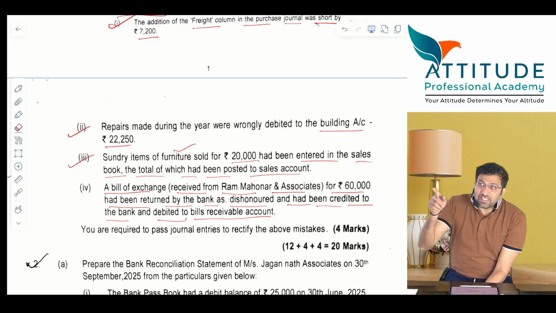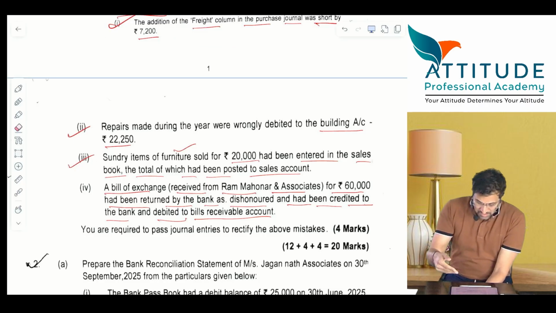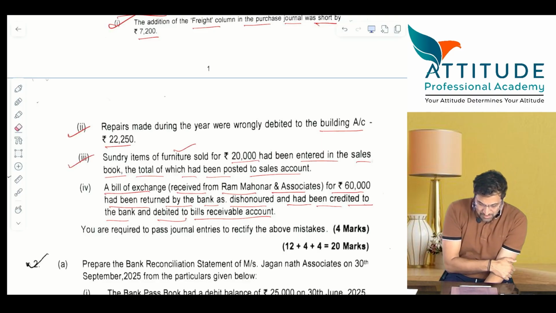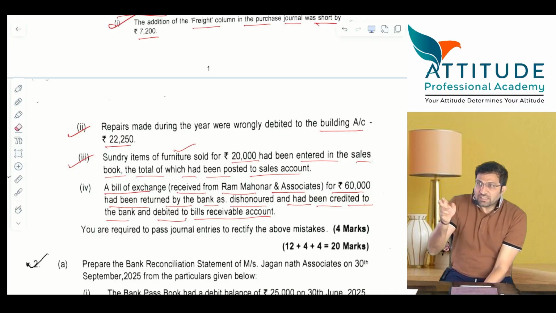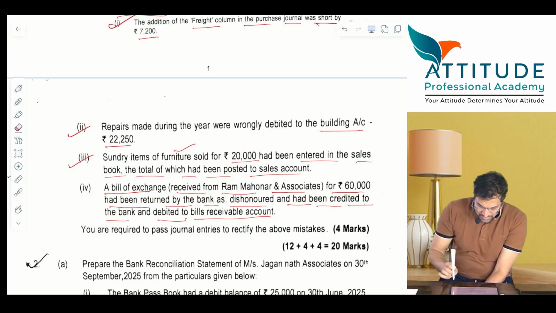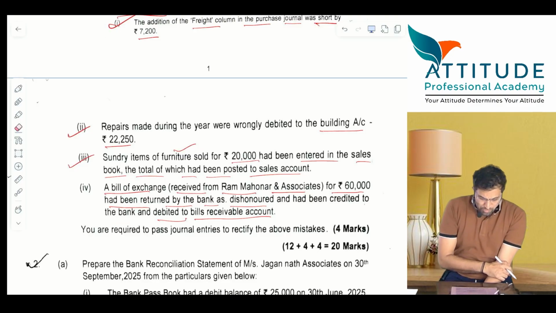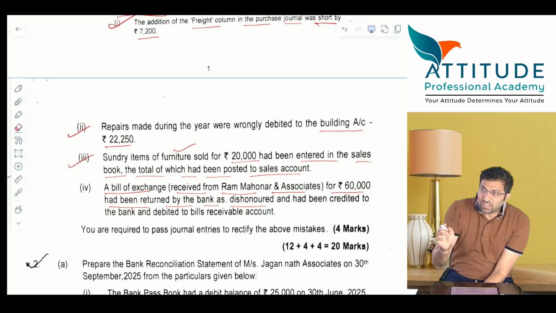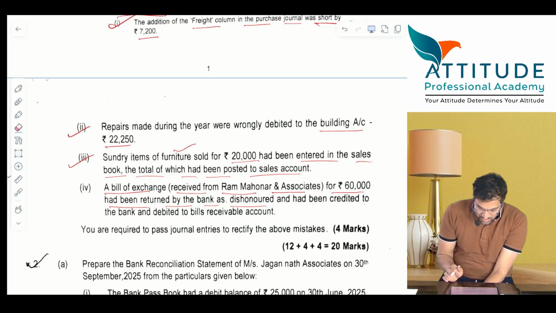What account should be debited in case of dishonor? You tell me. Ram Mohan, debtor account should get what? Debited. But what account is unnecessarily debited? Bills receivable. See, bank तो credit होना ही चाहिए. नहीं, bank तो credit होना नहीं चाहिए. Bank भी है ना? No. Dishonored. Bill dishonored. This is not discounted and dishonored. Returned by bank है ना?